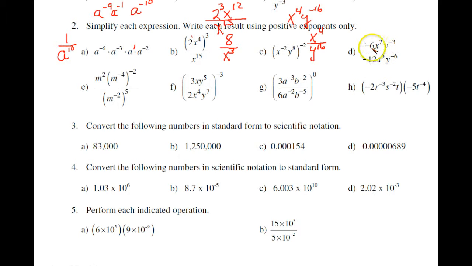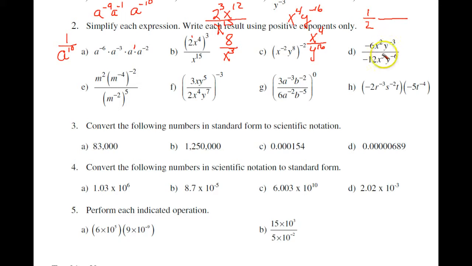Now notice our numbers here. Negative divided by a negative, that's going to become a positive. So we don't have to worry about the sign anymore. And 12 and 6, that becomes a 1/2. Then I'm going to keep these positive.